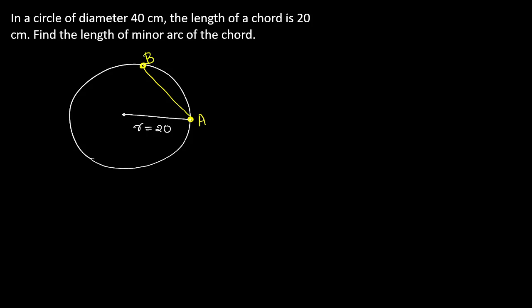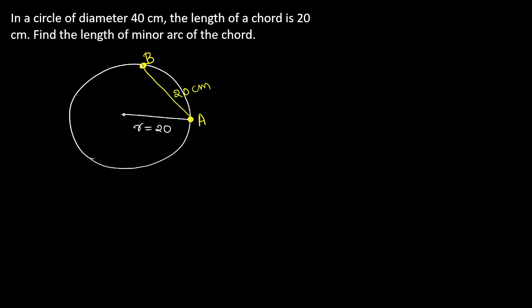Deva, Rakshana, Shivani, is chord okay? You studied it in lower classes. The chord AB has length 20 centimeter. I'm not talking about arc. Radius is already given: diameter is 40, radius 20.